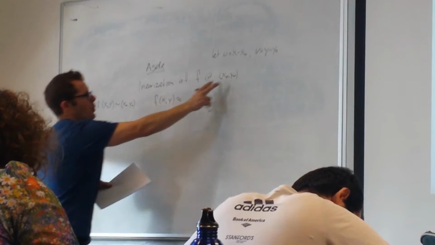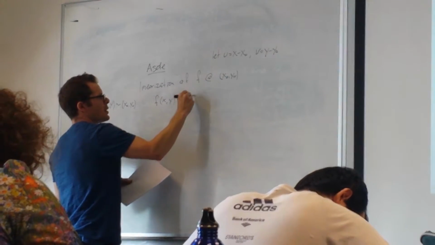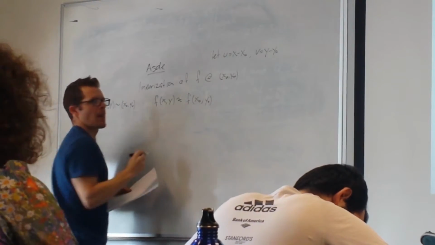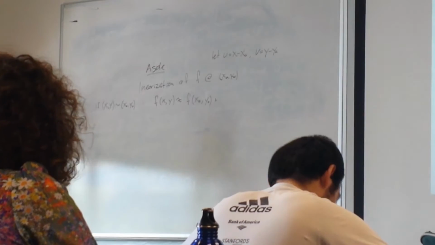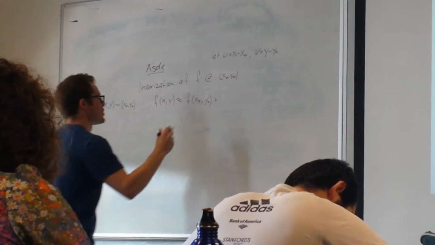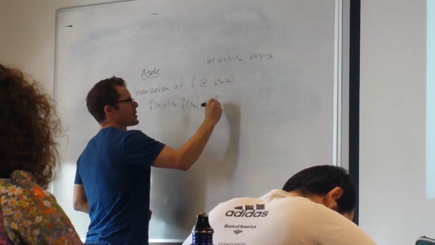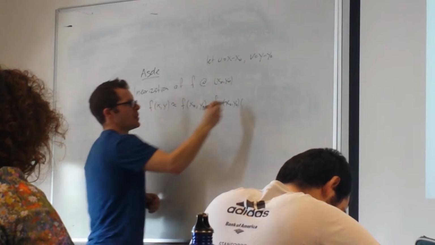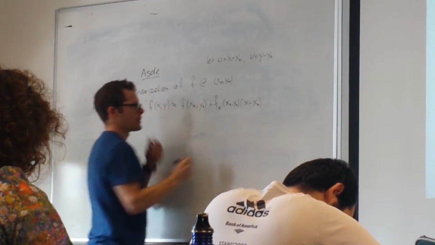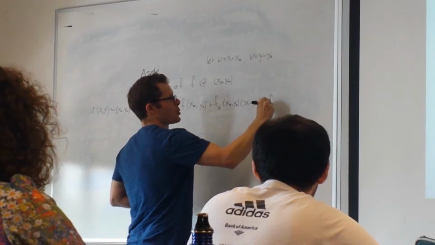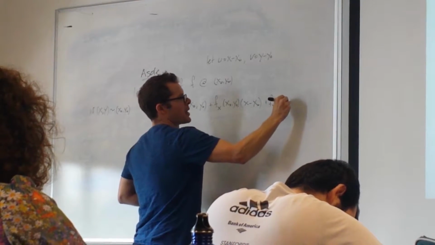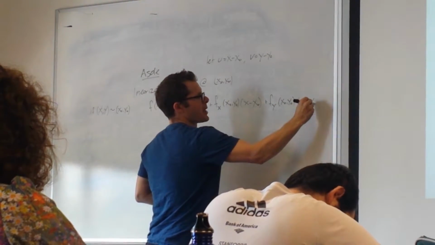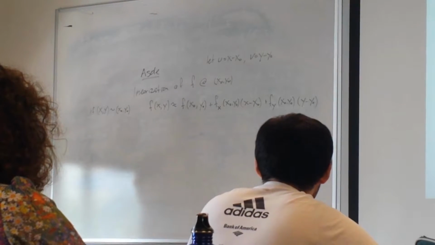The linearization at this point, if you recall, is the value of the function at that point plus, and this is where we have to recall partial derivatives, the partial of f with respect to x, evaluated at x naught, y naught, times x minus x naught, plus the partial with respect to y, evaluated at x naught, y naught, times y minus y naught.